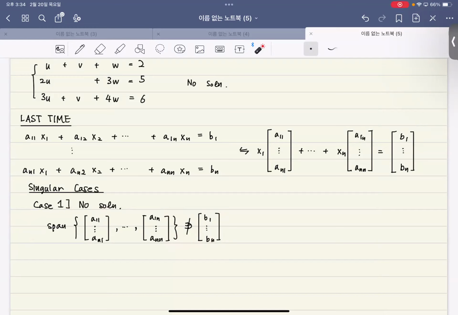So it is a subset of Rn, but it can never be the same as Rn. In other words, this is a proper subset of n-dimensional Euclidean space. This is our first singular case.